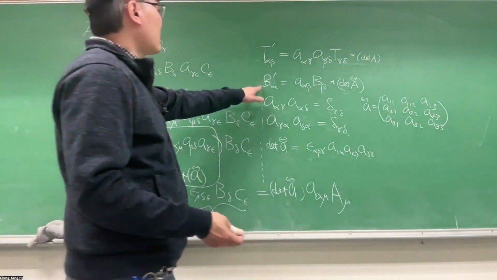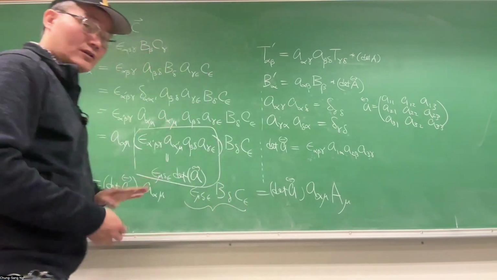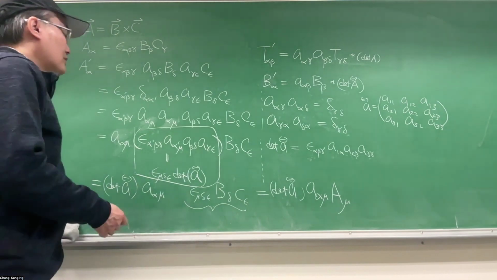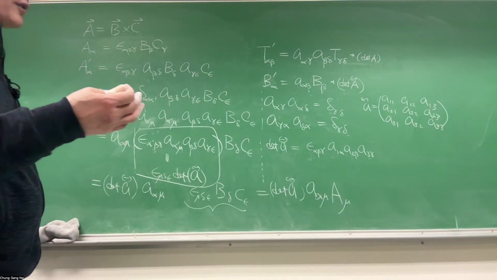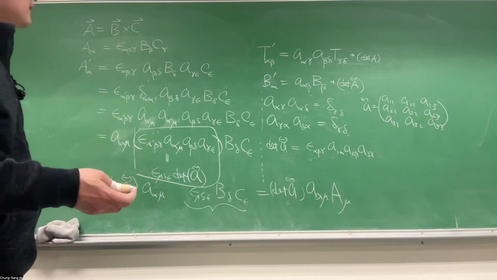So you can extend pseudo vector to pseudo tensor, second rank and third rank, or any rank, or even rank 0, the scalar. You can have a pseudo scalar also. If you have a pseudo scalar, then you do a spatial inversion, obviously it changes sign. A pseudo scalar will change sign.